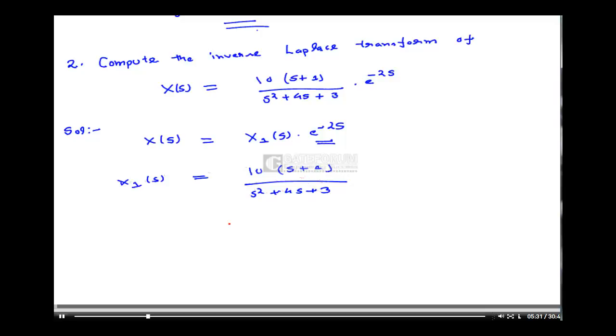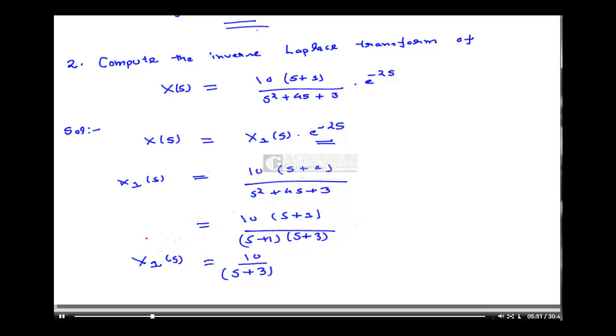If I factorize the denominator, I will get 10 times (s plus 1) upon (s plus 1) into (s plus 3). So this is nothing but 10 by s plus 3.